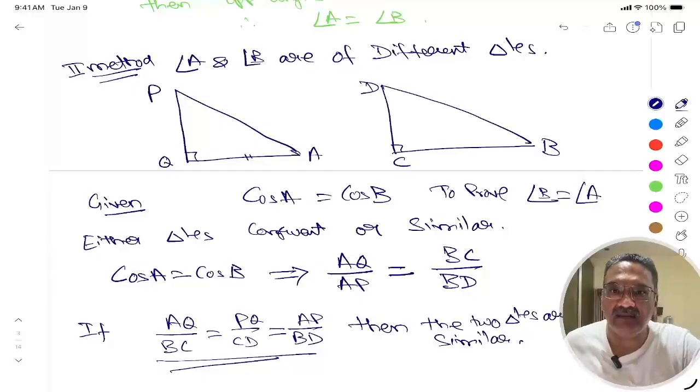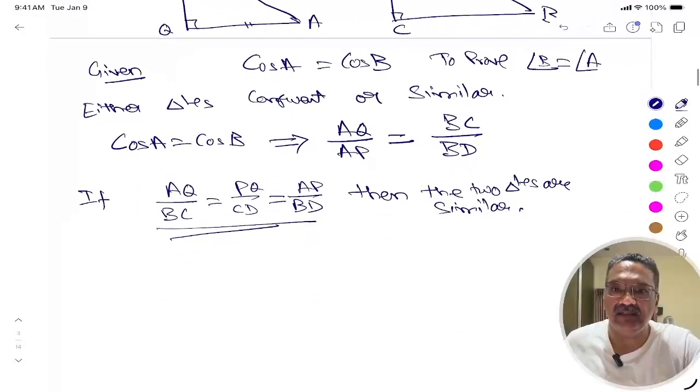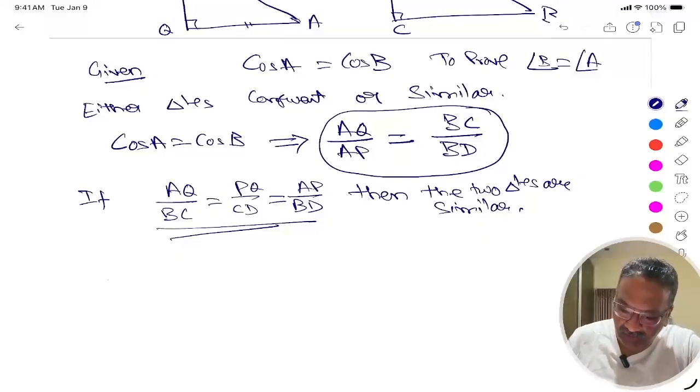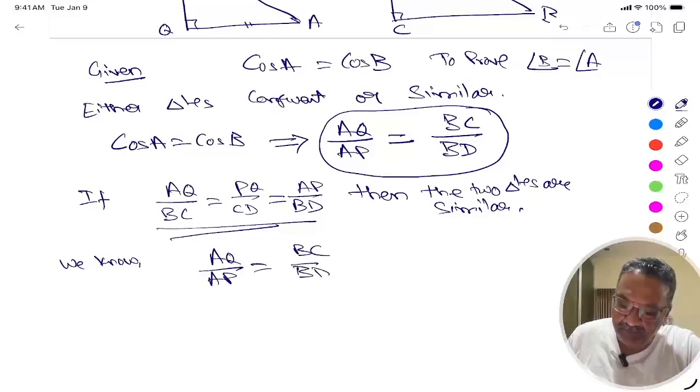Okay, so as soon as similar comes, we can say that the angles are equal. What do we know here? We know AQ by AP is equal to BC by BD.